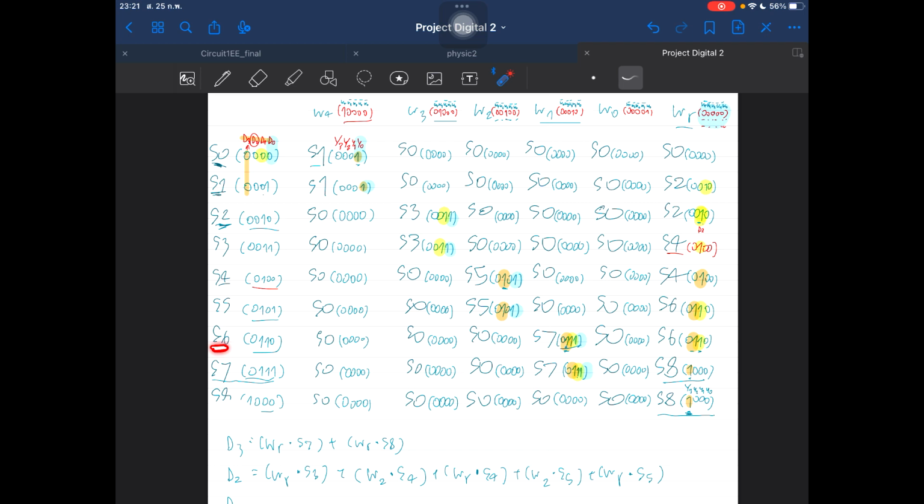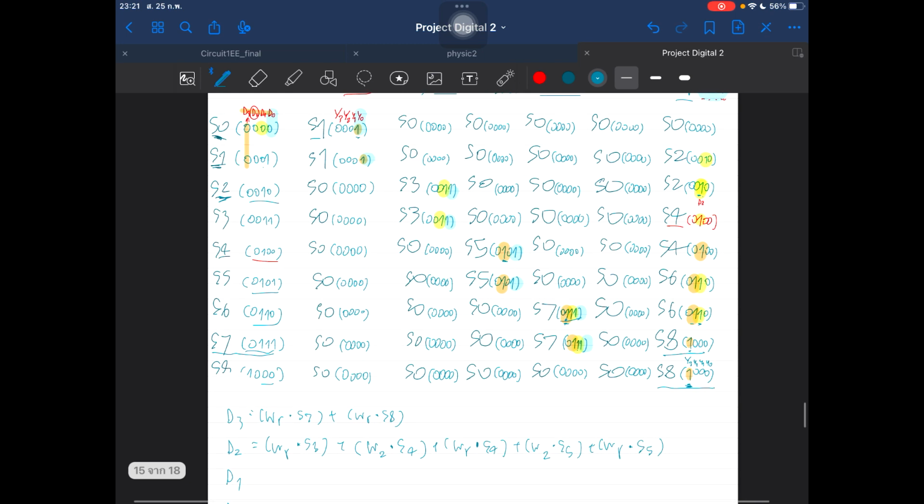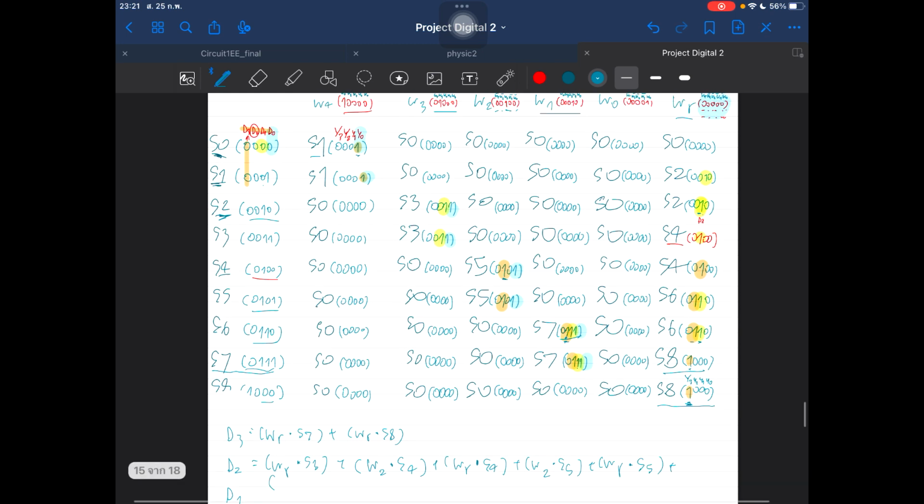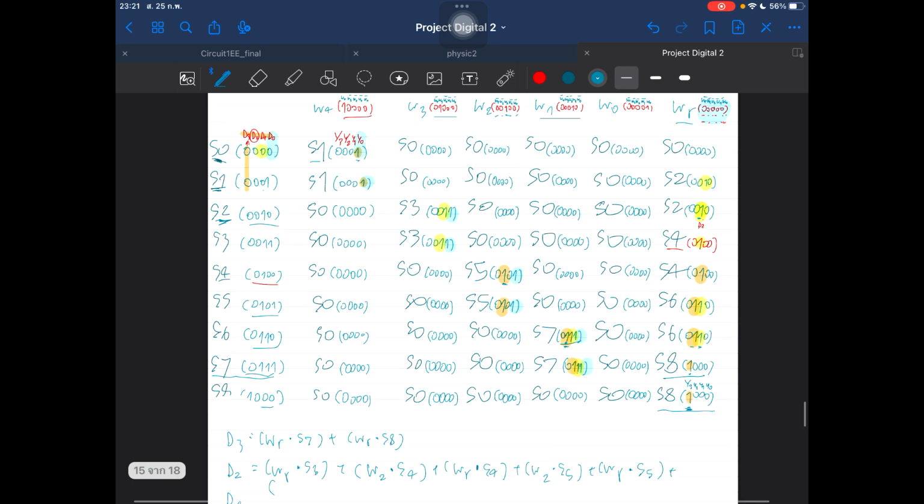Go to state 6. In state 6, D2 here, 0, 0, 0, and 1 here. 1 here, then look at the input. Input is W1, then name state 6.